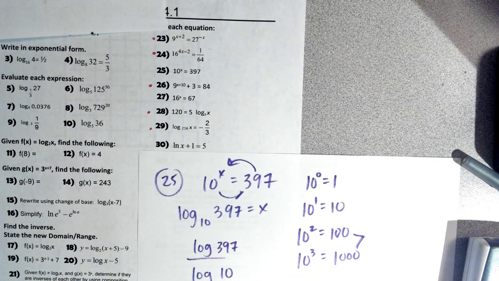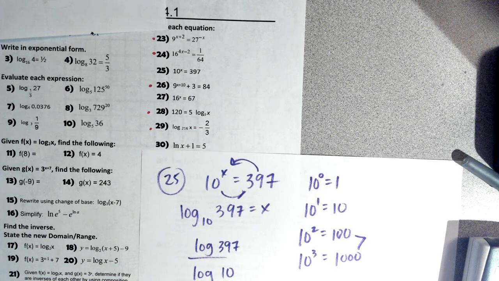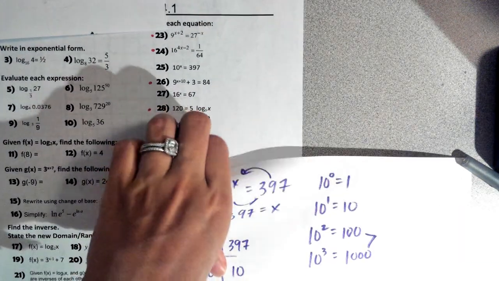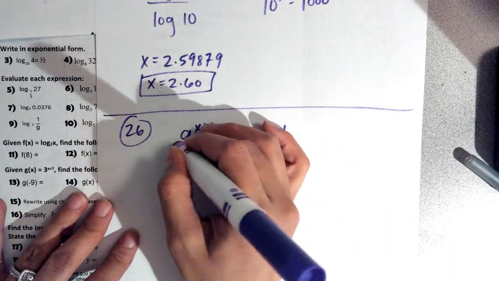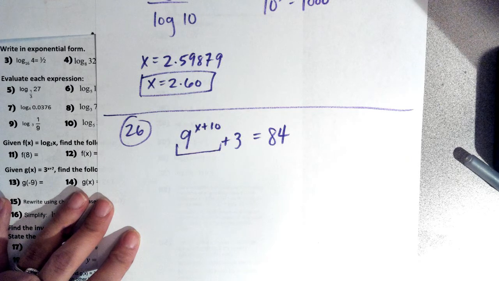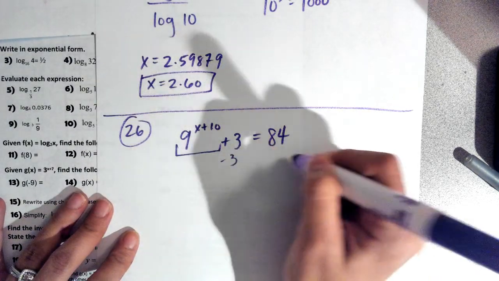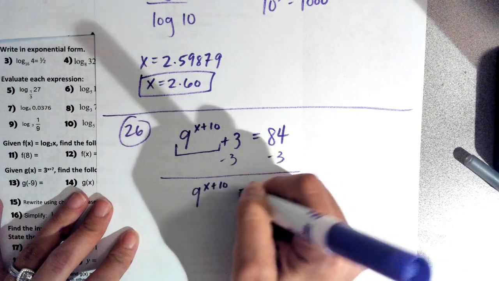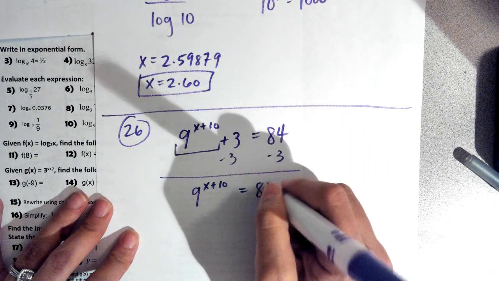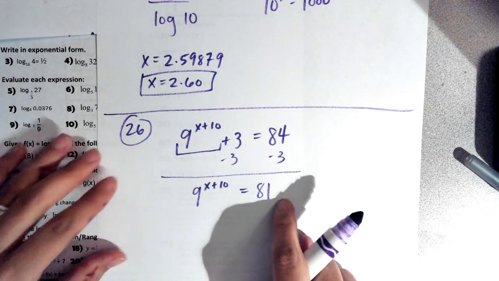Alright, number 26. I have 9 to the x plus 10 plus 3 equals 84. Move it up so y'all can see. Here, I need to isolate the exponent. So I'm going to subtract 3. So 9 to the x plus 10 equals 84 minus 3 is 81. Now try to rewrite.